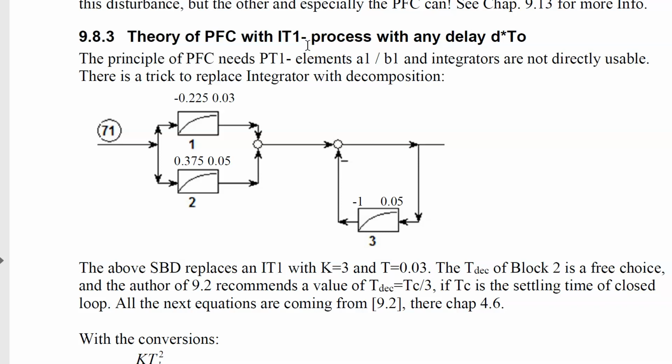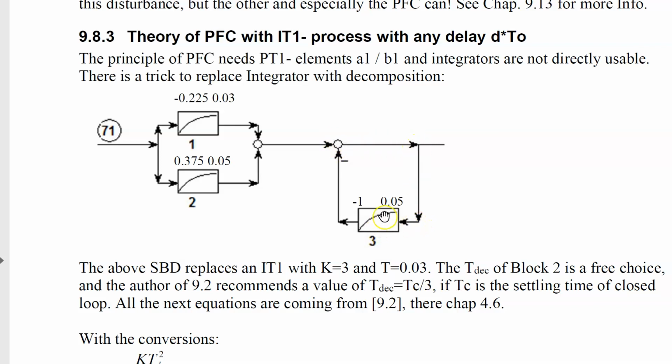So he has a solution if you have a PT1 or a combination of several PT1s. Note that the left part here, the sum of two PT1s, is the way to adapt a two PT1 system. But why this is an IT1, I can show you in the next minutes. This combination is an IT1.